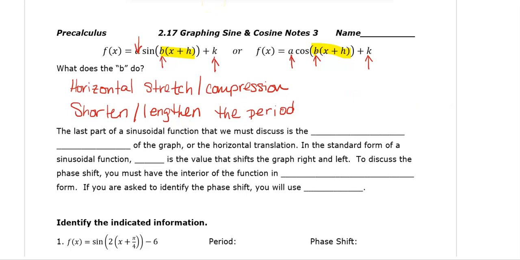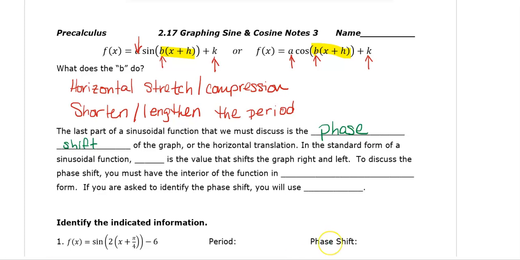Okay, so now the last part of a sinusoidal function that we must discuss is the phase shift, or the horizontal translation.